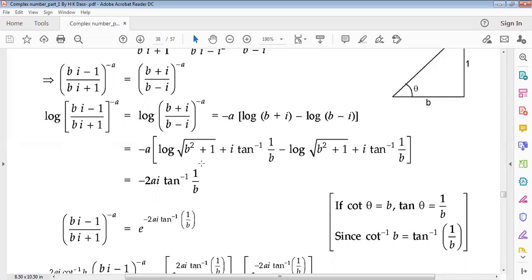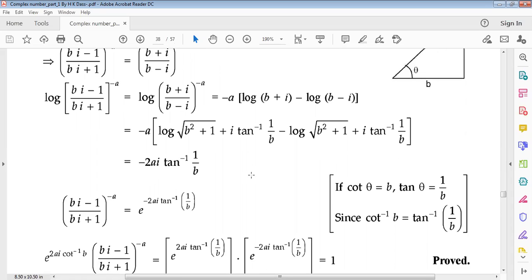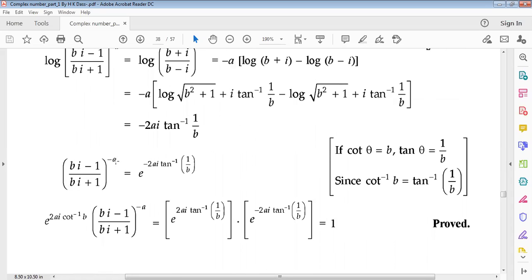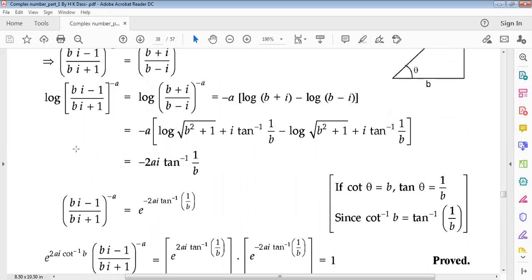So minus a times twice i tan inverse 1 by b; the log terms will cancel. Now this to the power minus a equals this one. Now taking the exponential function on both sides.